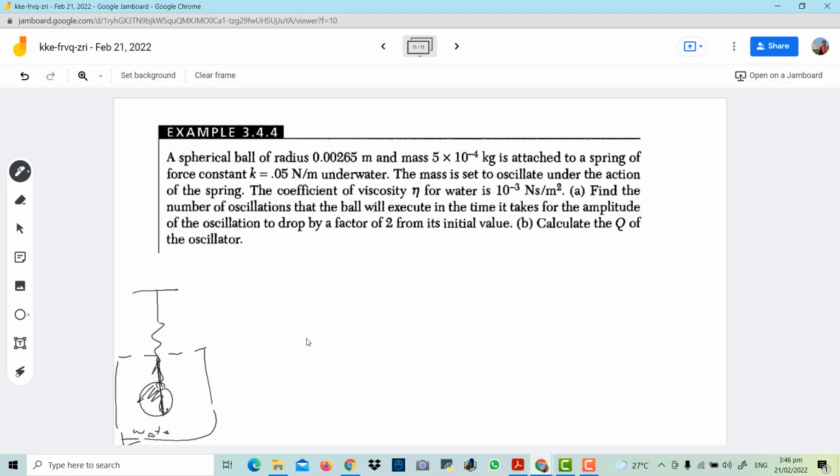So that is the question. Find the number of oscillations that the ball will execute in the time it takes for the amplitude of the oscillation to drop by a factor of 2 from its initial value. So therefore your A is equal to 1/2 of the initial value A naught. Okay? And for the B question, calculate the quality factor of the oscillation.